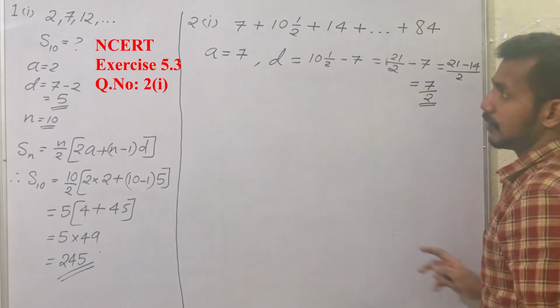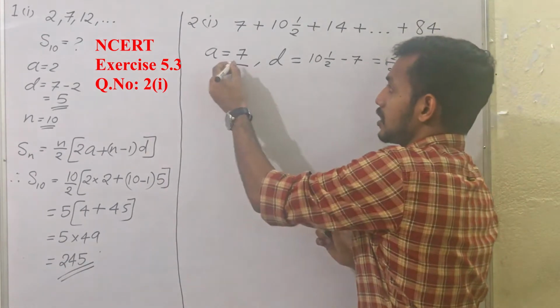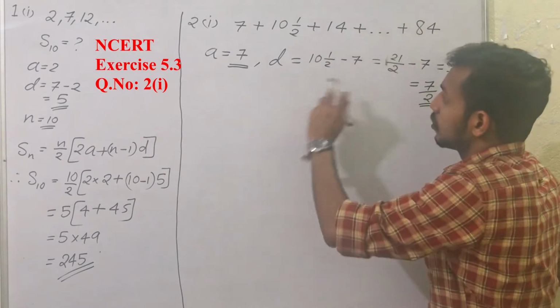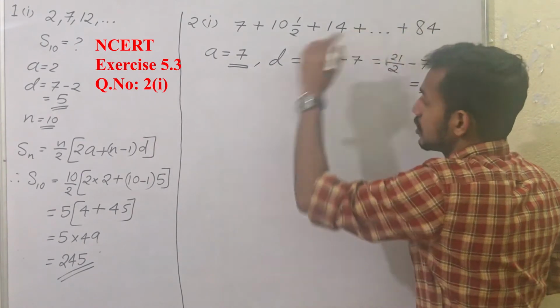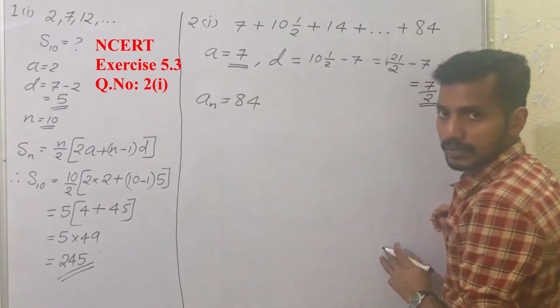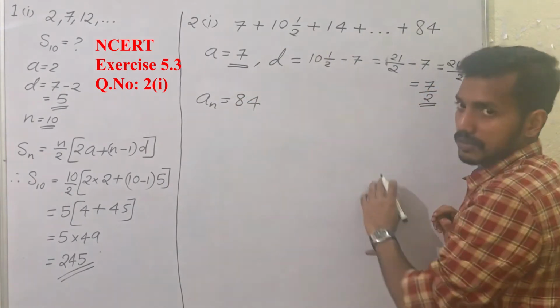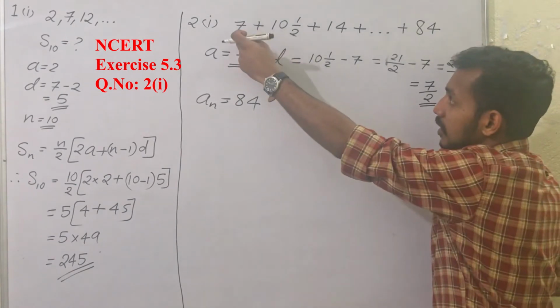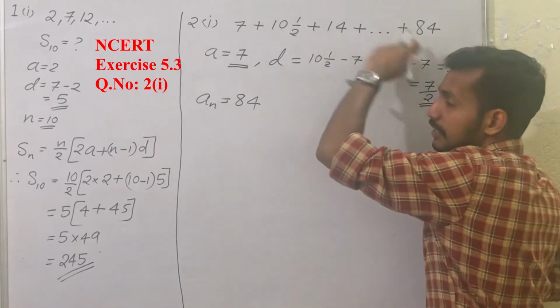So now we have got the first term as well as the common difference. Also, the last term is given, that is an is 84, but n is not given. So first we need to find n. How many terms are there between 7 and 84?